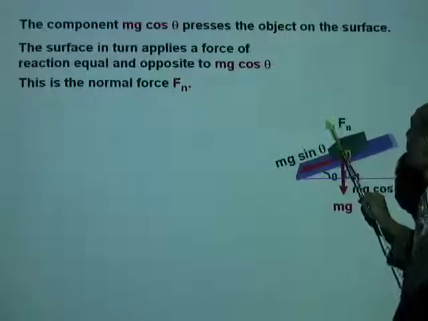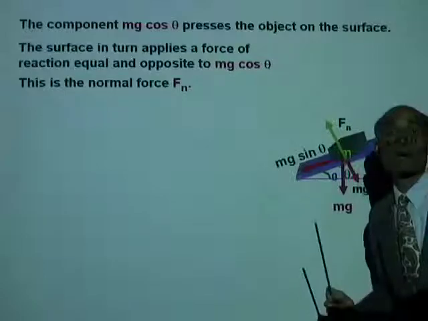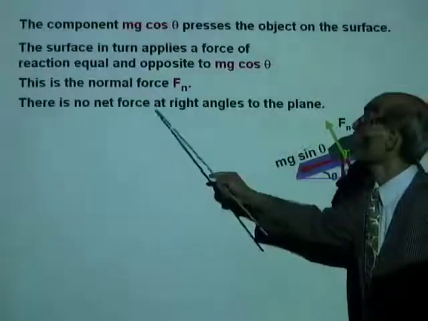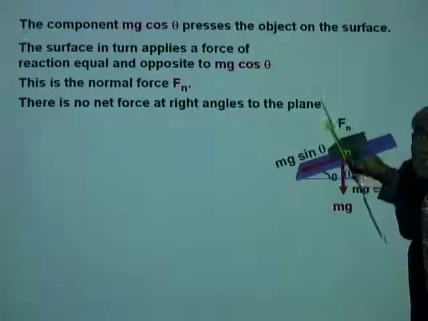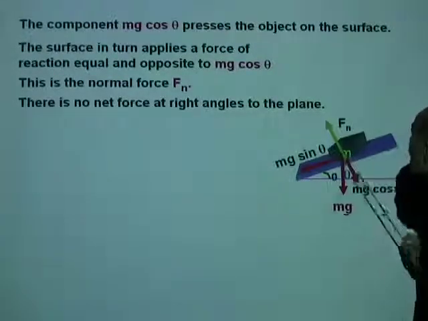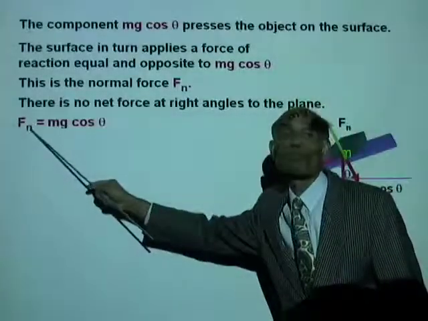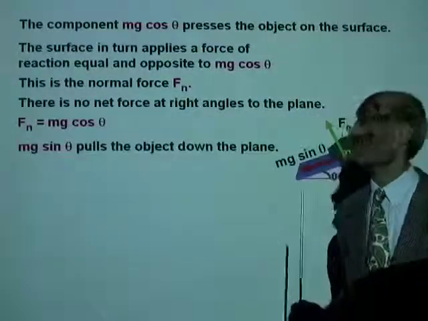So this is the normal force, which is the same as mg cos theta but directed in the opposite direction. There is no net force at right angles. You see, there is no net force in this direction. Therefore, we can say the normal force F sub n equals mg cos theta.